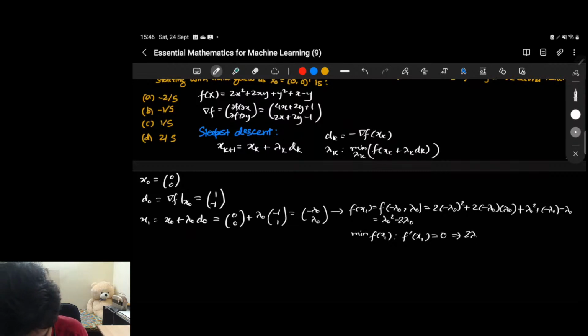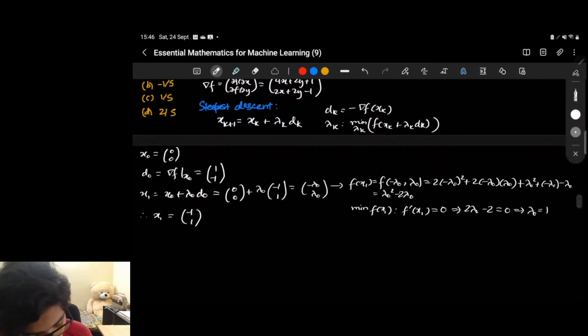That means 2 lambda naught minus 2 equal to 0, which implies lambda naught equal to 1. So therefore, x1 is minus 1 and 1. Now this is the first iteration.